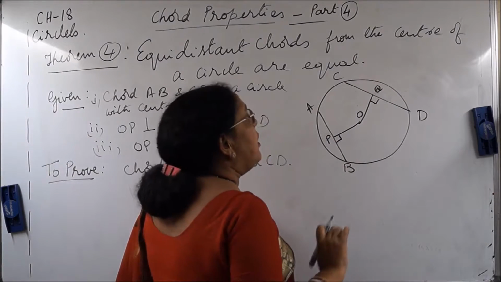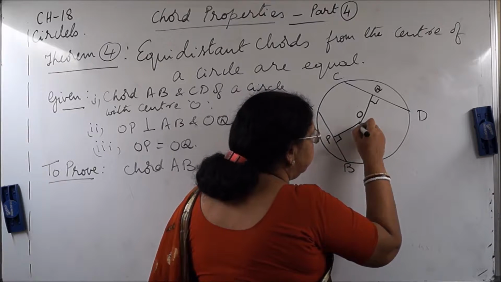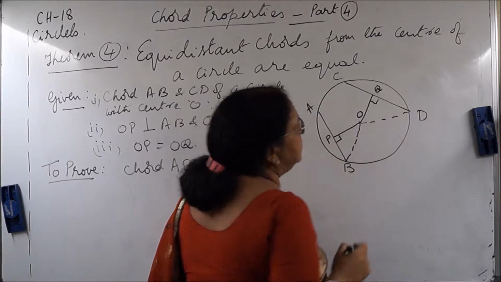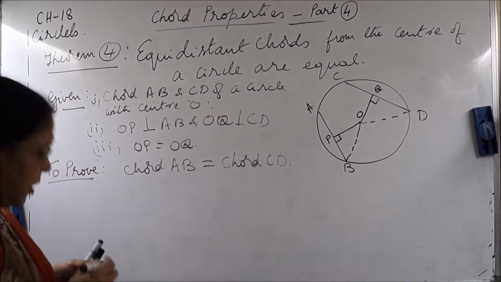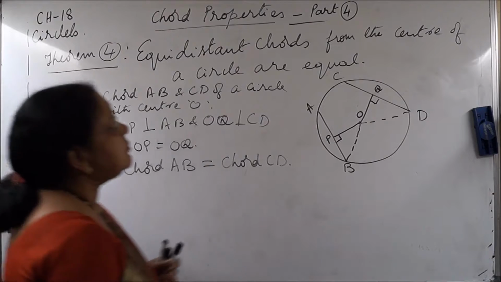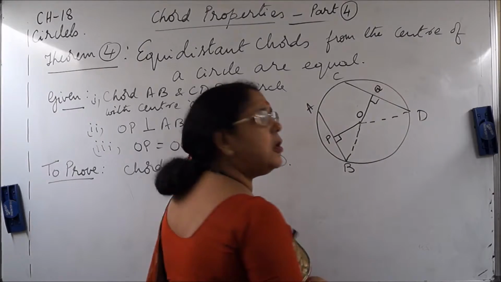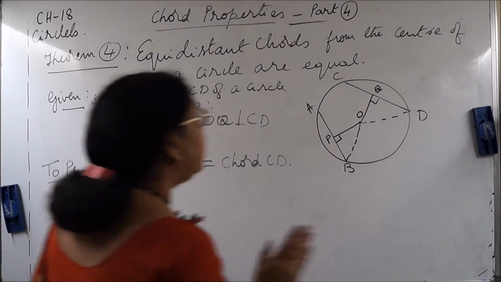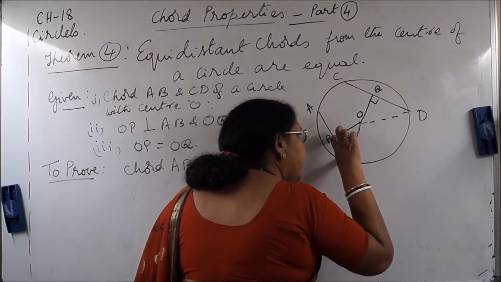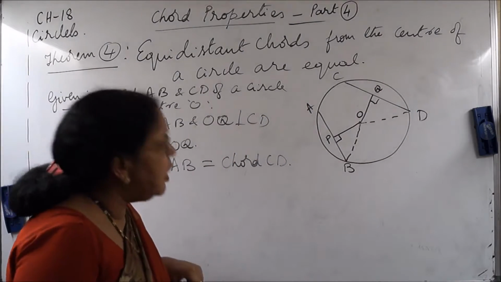Now let us join OB and OD. What we have to prove is whether chord AB is equal to chord CD or not.